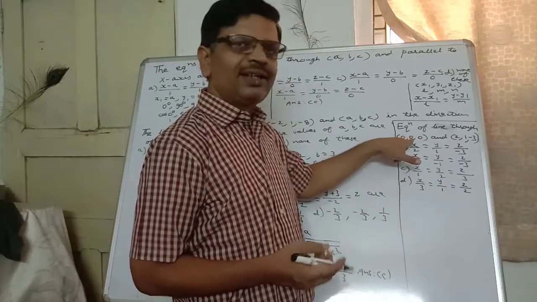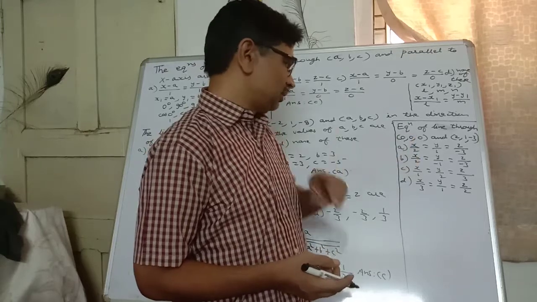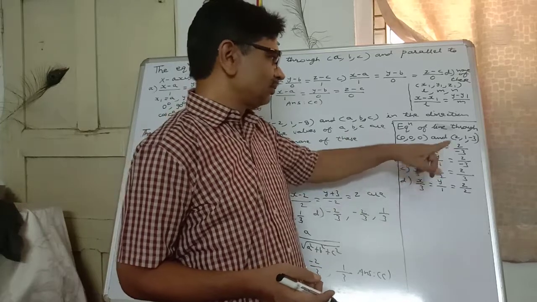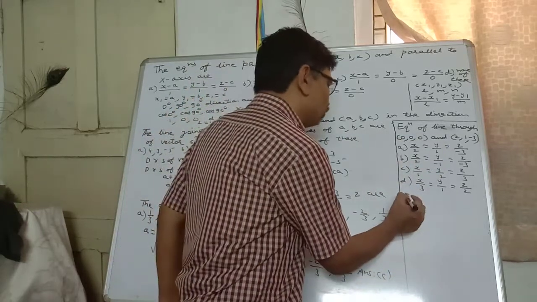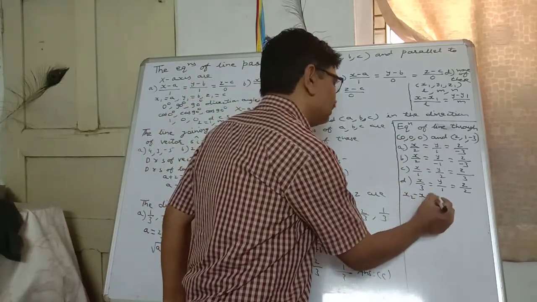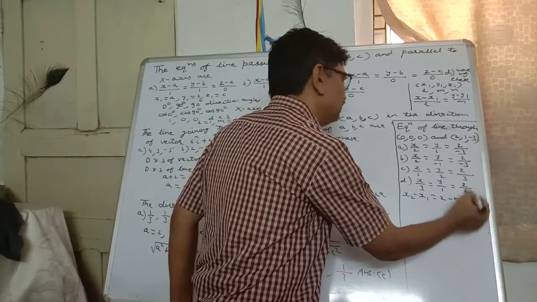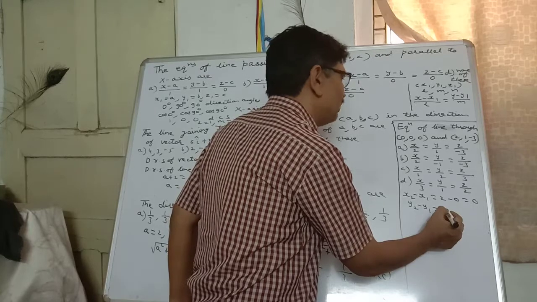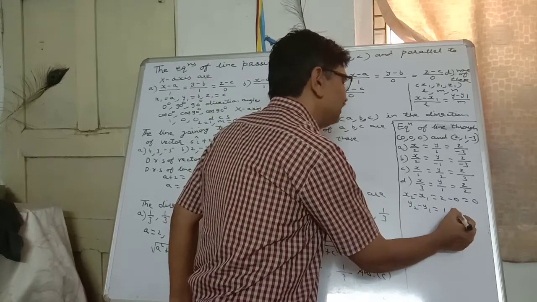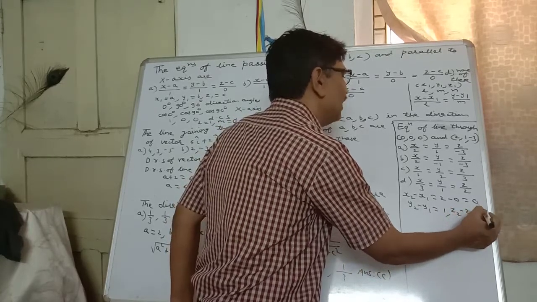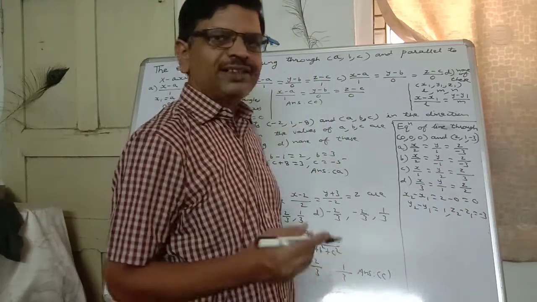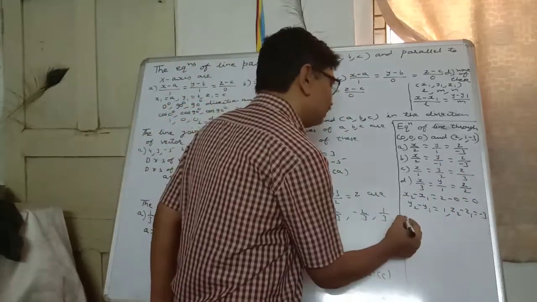It means in the numerator this point is used: x1, y1, z1. Now x2 minus x1, 2 minus 0, 2. Similarly we get y2 minus y1, 1 minus 0, that is 1. z2 minus z1, minus 3 minus 0, minus 3.